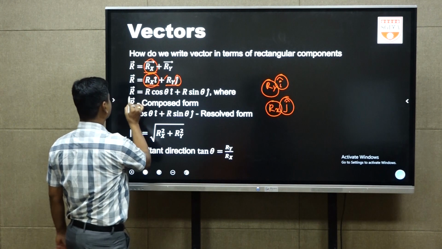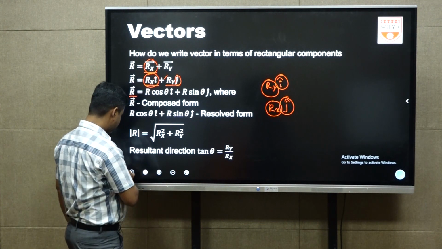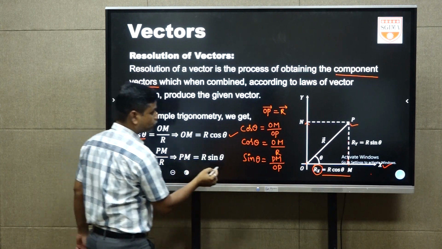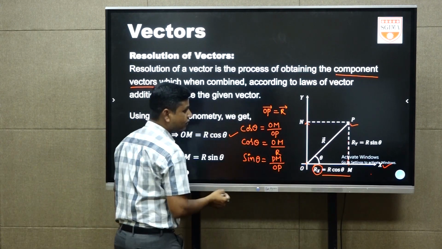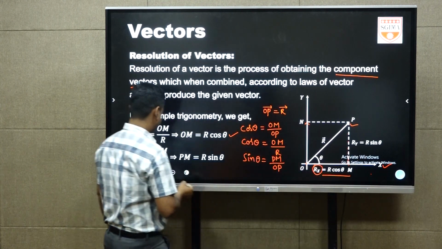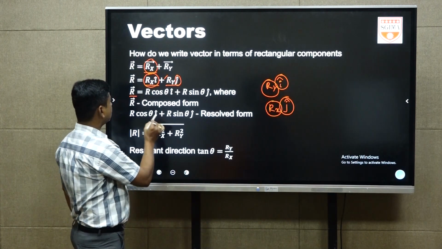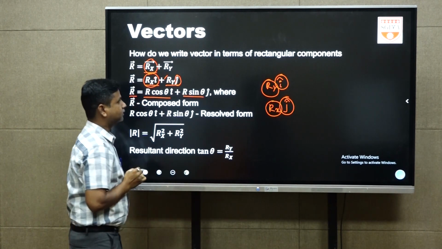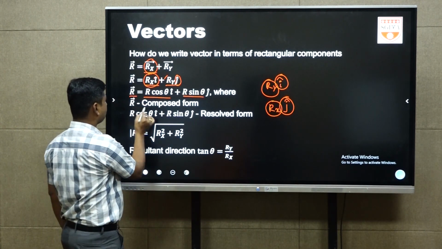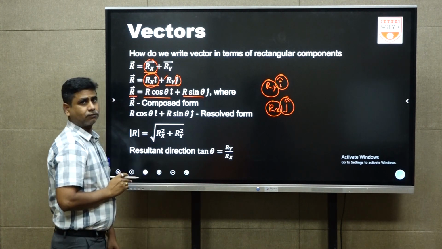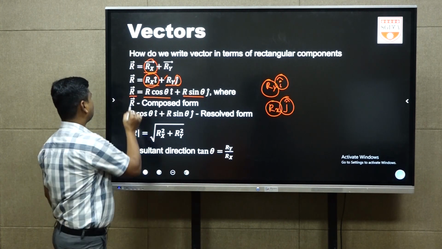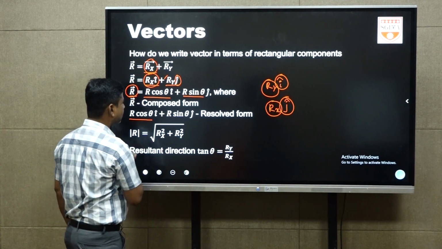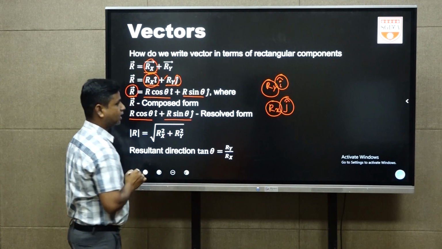Then here, R bar, the Rx value we found in the previous slide. See once: Rx equal to R cos theta, Ry equal to R sin theta. Substitute both in this, so R bar is R cos theta i cap plus R sin theta j cap.